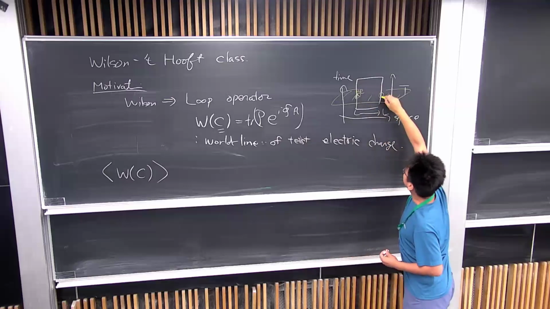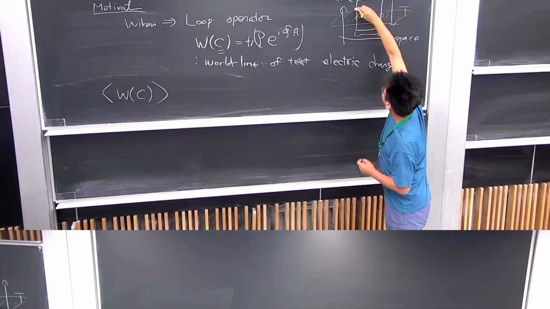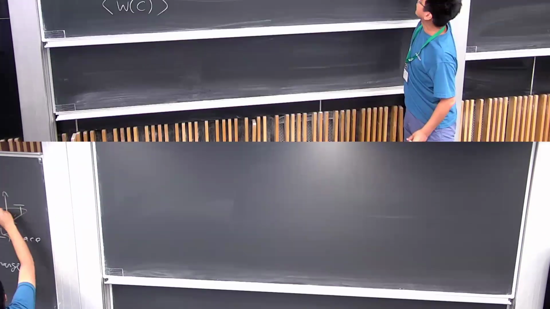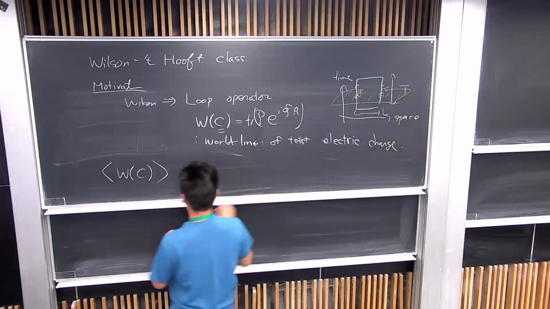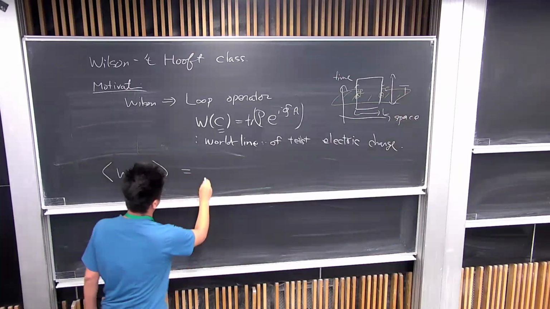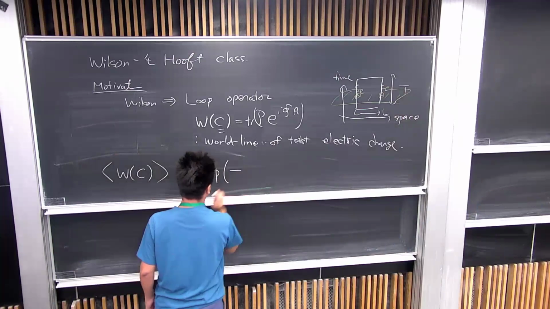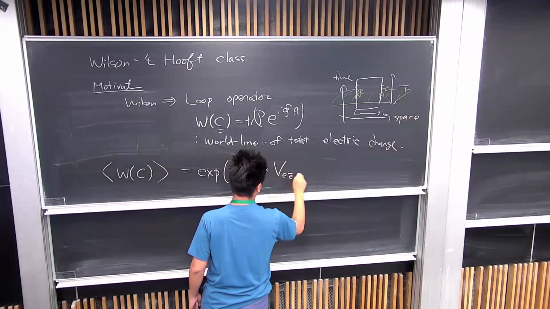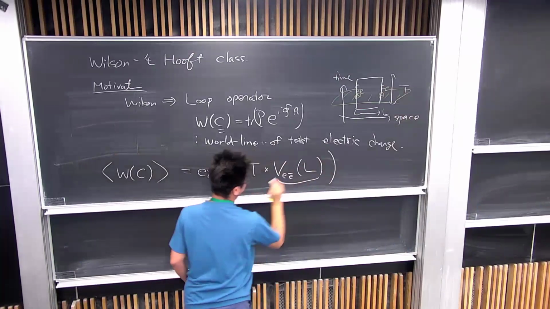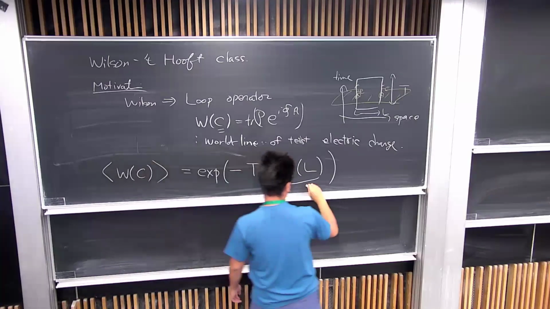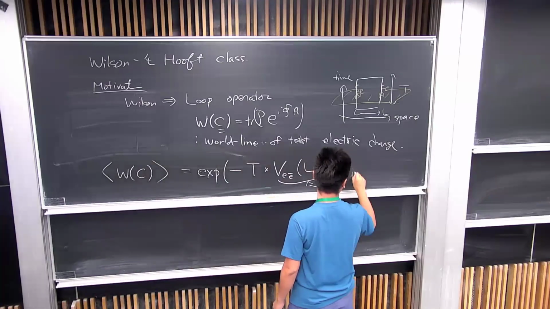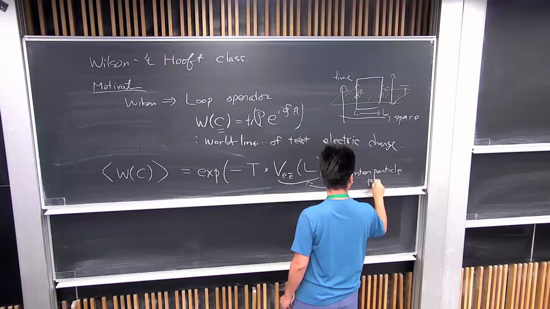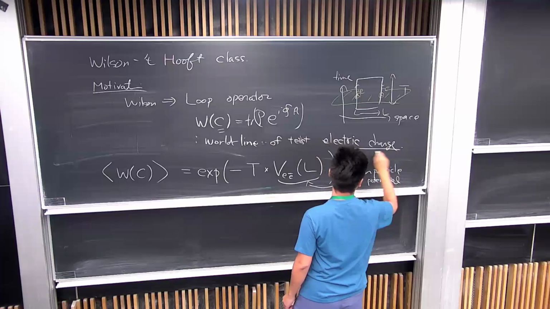And since the loop crosses the constant time slice in the opposite way, here there is a negative charge, an electric particle. Computing this expectation value, it turns out to be an exponential form, exp(-T times V(L)). And this V(L) is basically the interparticle potential for these test electric charges.